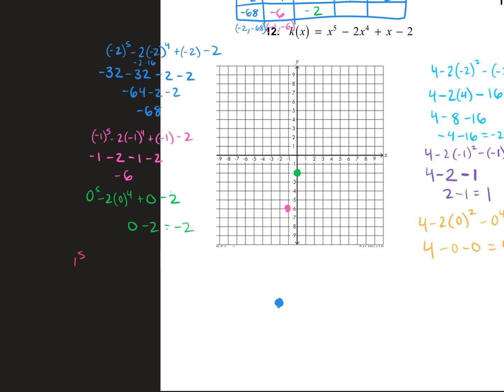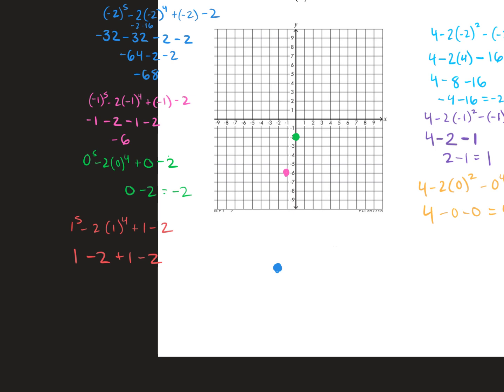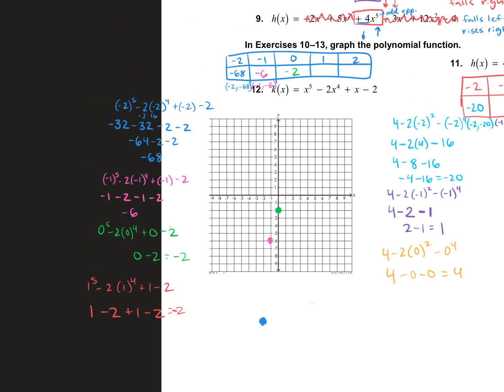So 1 to the 5th power minus 2 times 1 to the 4th power plus 1 minus 2. So that would be 1 minus 2 plus 1 minus 2. What's 1 minus 2? Negative 1 plus 1? 0, and 0 minus 2? Negative 2. So we plugged in positive 1 and got negative 2. So our next point, we go to the right one and down 2.